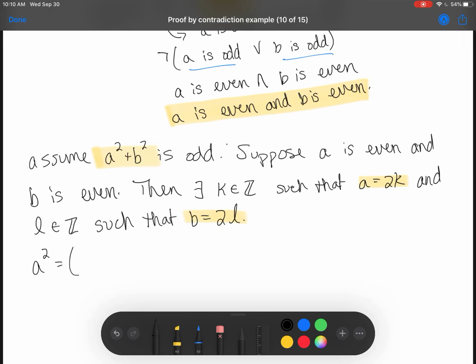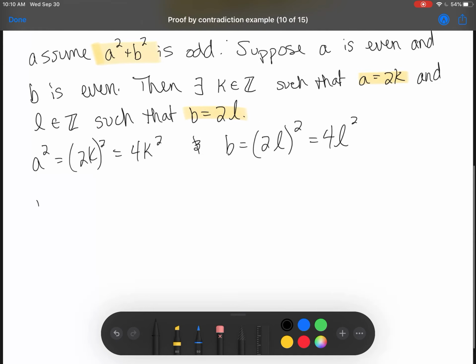So a squared is of course (2k) squared, which is 4k squared. And b is 2l, whole thing squared, which is 4l squared. Then we can add them together: a squared plus b squared equals 4k squared plus 4l squared.